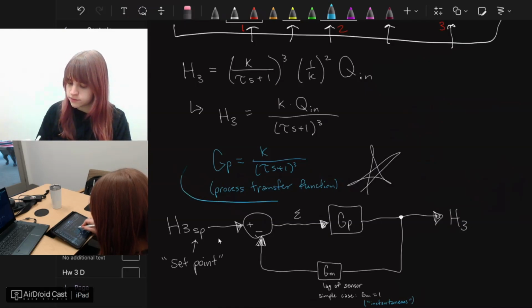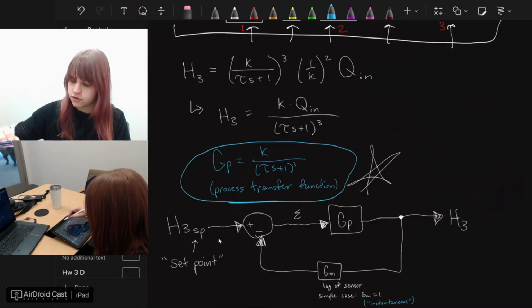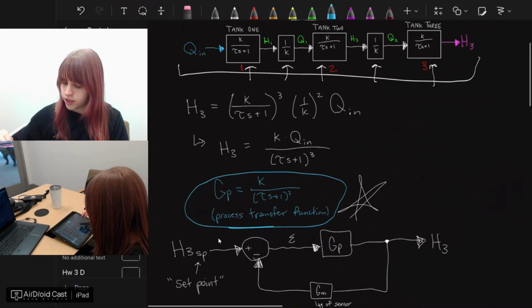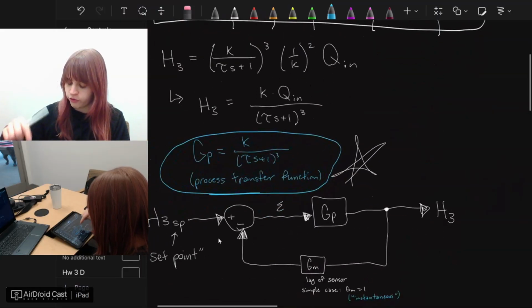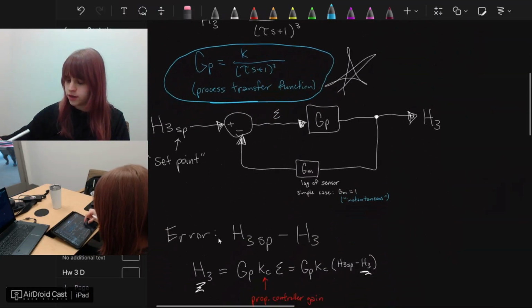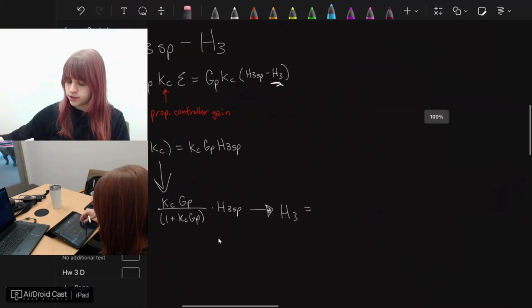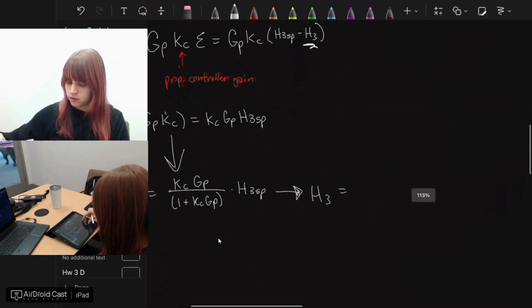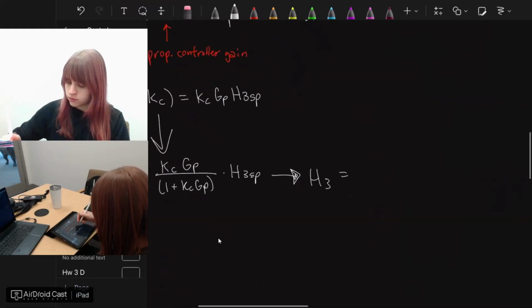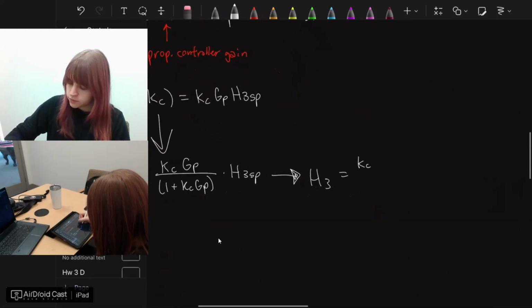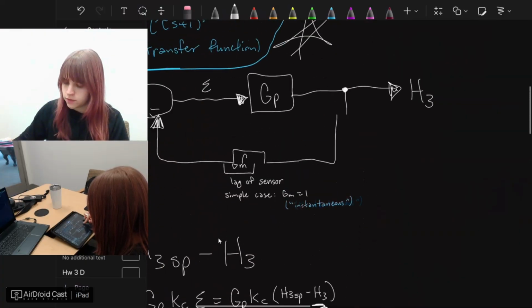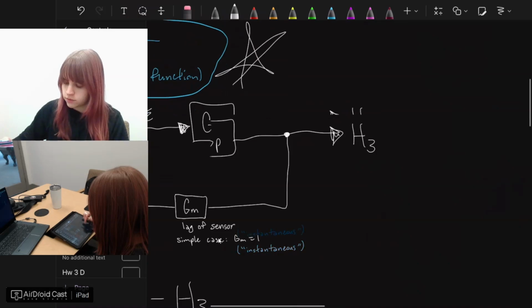That right there is what we want, and the Q in is not included in that. I think I said that earlier, but I also think I wrote it down there, which would not be correct. But as I was saying, we can rewrite this and substitute in that GP that I calculated.